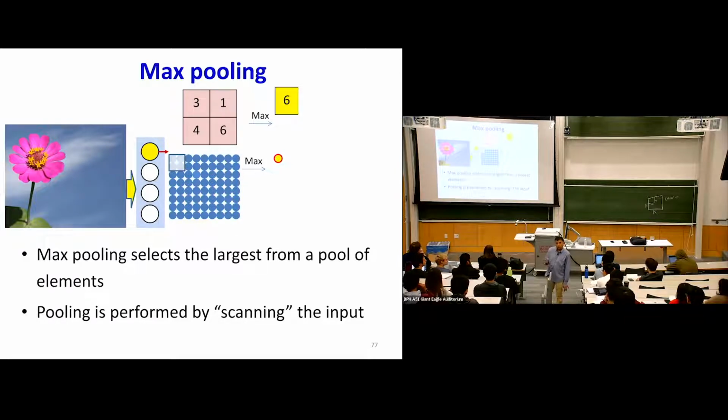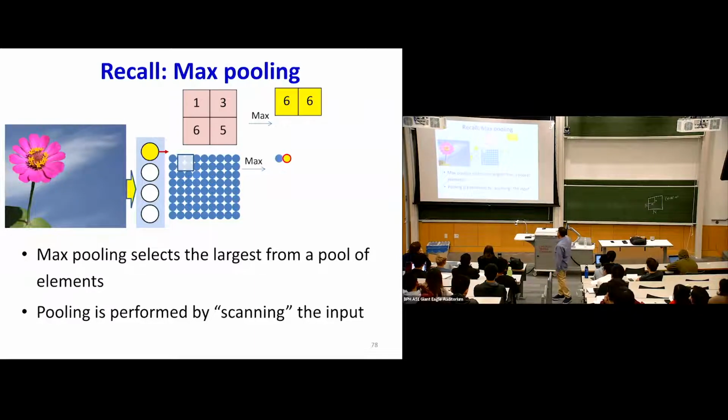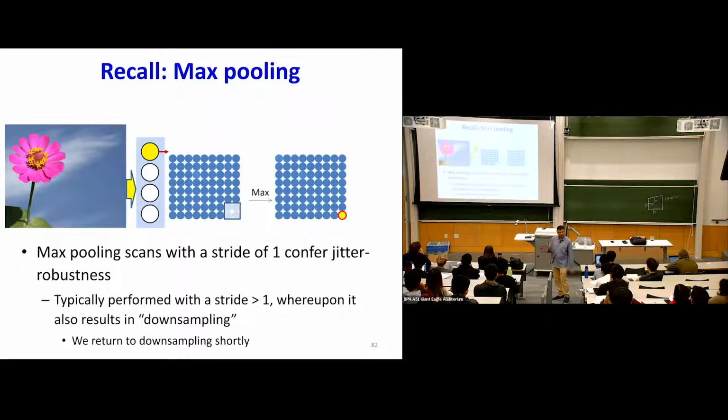So it's much more convenient to think of everything as always striding by one element at a time, because that's a very convenient way of thinking about it. So if I think of it along those terms, then this is what pooling will look like. Within each window, it's going to pick just the largest value and copy it over. And the output is going to be approximately the same size as the input, except for some edge effects, right?